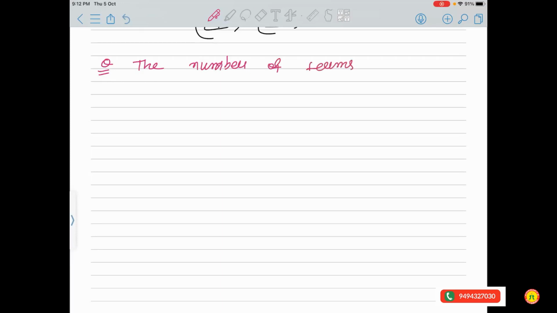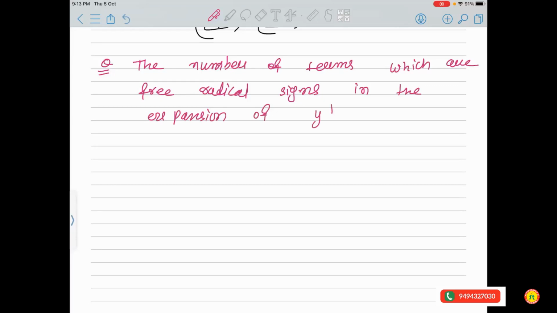The number of terms which have rational signs (free of radical signs) in the expansion of (y power 1 by 5 plus x power 1 by 10) power 55 is.